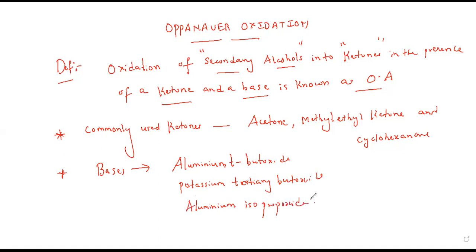These are the most commonly used ketones and bases in Oppanauer oxidation to convert a secondary alcohol into a ketone. These are the primary requirements of Oppanauer oxidation. Next we'll see the general reaction involved in this Oppanauer oxidation.